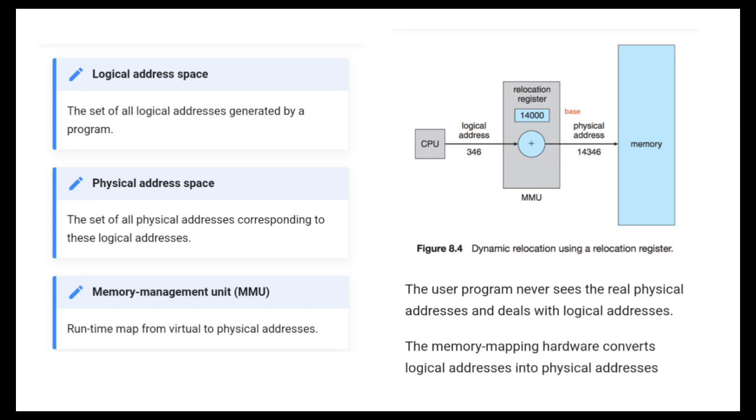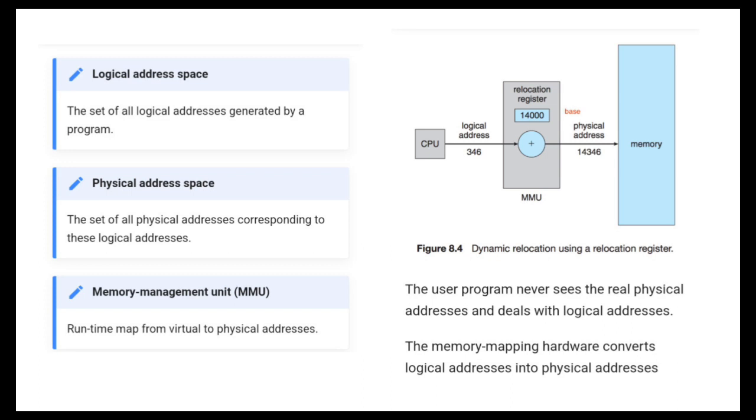The base register is now termed a relocation register, whose value is added to every memory request at the hardware level. Note that the user programs never see physical addresses. User programs work entirely in logical address space, and any memory references or manipulations are done using purely logical addresses.